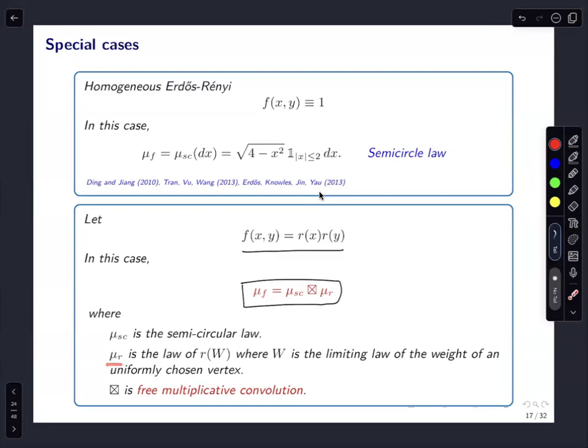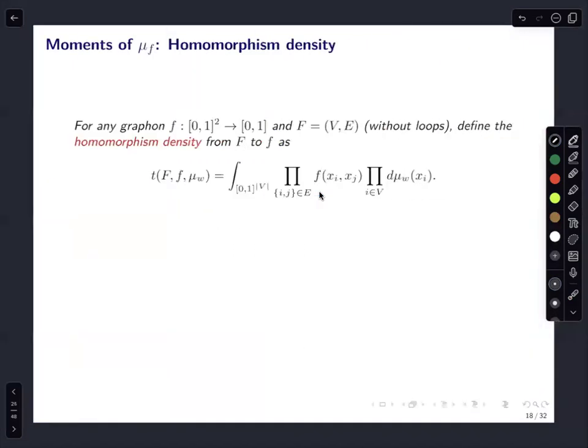Mu r is the law of r of w, where the weight w is the limiting law of the uniformly chosen vertex. So the semicircular law and the law of r(w) play a role in the identification. For example, the Chung-Lu model is one of the examples where you can think of it as a rank 1 example in this setting.